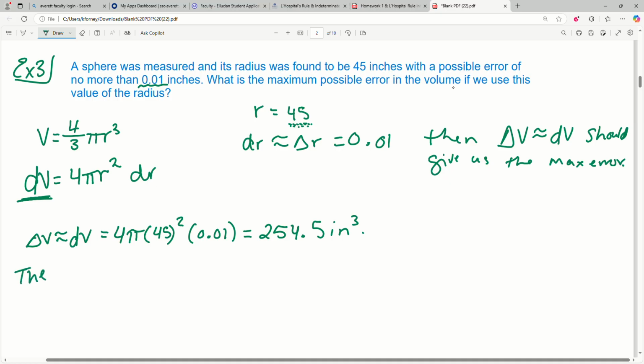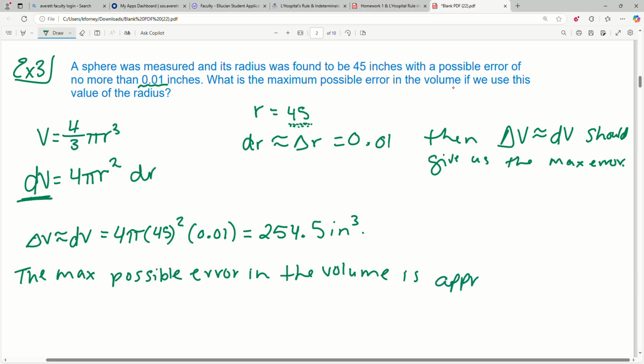So the maximum possible error in the volume is approximately 254.5 cubic inches. And it's approximately because we said here it's not exact. Okay?